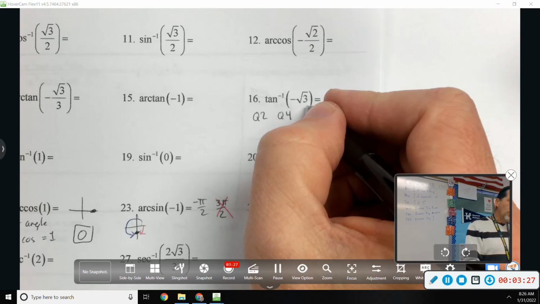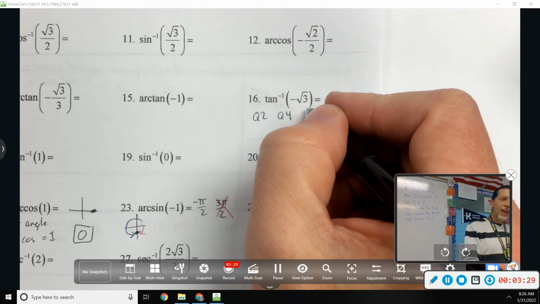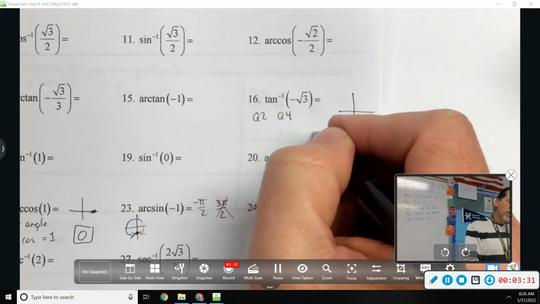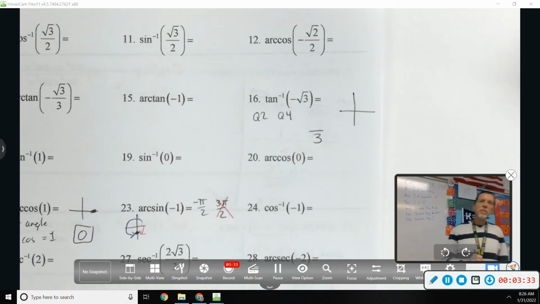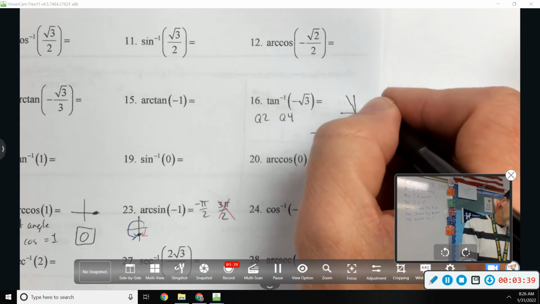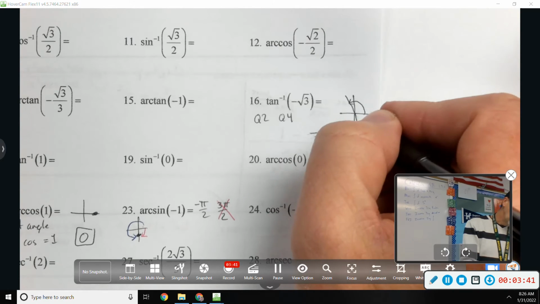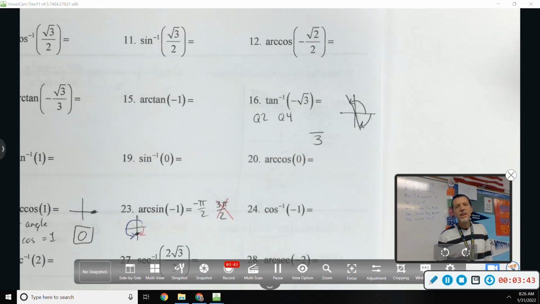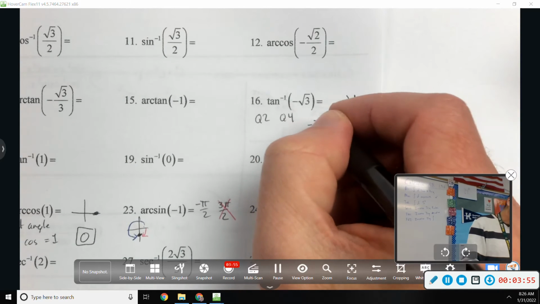If there's a 3 in the tangent, there's a 3 in the angle. So I know it's over 3. And over 3 in the second or fourth, that would be the steep angles. So which one do I pick? Probably that one. Quadrant 2 or quadrant 4? 4, the quickest way there. So negative pi over 3.